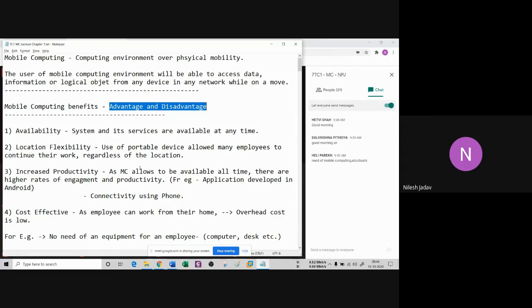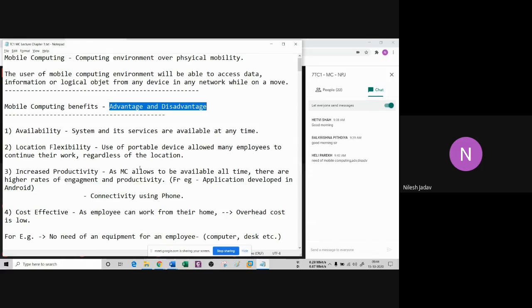Any service that you are using, like SMS, maybe something happened to your SMS portal, but it is not down for weeks, months, or years. It'll take a minuscule time, and then it will come back to its original position and send and receive the SMS from one end to another. So it gives you 24 by 7 services. That's why we have availability as an advantage in mobile computing.